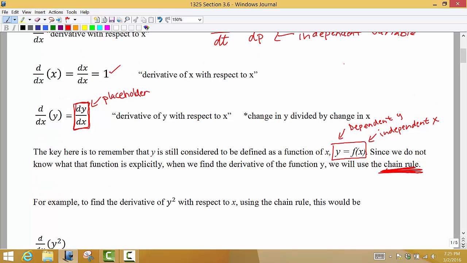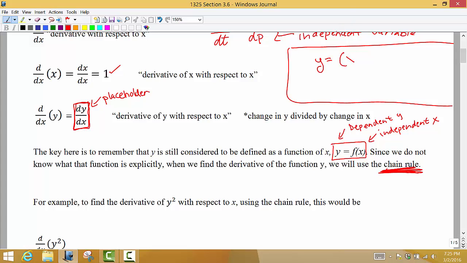Remember that when we were talking about the chain rule, let's say that we have our function y equals, let's do, 3x plus 2, and I raise that to the power of 4.